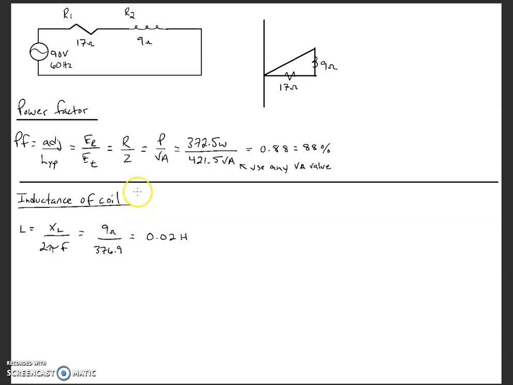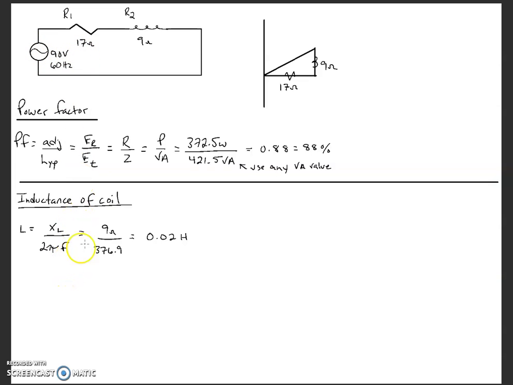And then we calculate for our inductance of the coil, and we have the inductance is XL over 2 pi F. F being the frequency. Whenever we're dealing with pi, we're dealing with a circle. And when we're dealing with generating here, the frequency, 2 pi F, we're talking about the 90 volt power source here.